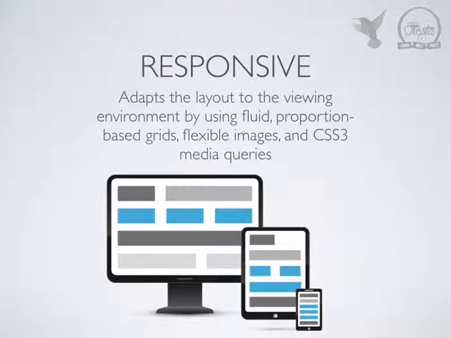It also depends on proportion-based grids, which is that feature, the columns that you create in the code, where you're then able to put your content. And once again, depending on the screen resolution, that content can be moved differently, basically how you specify it to be moved.